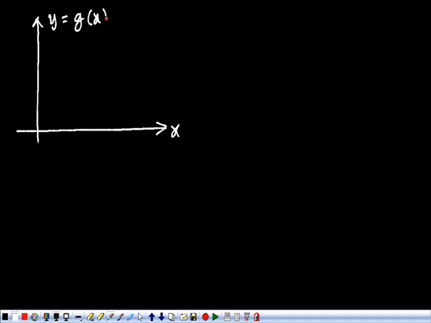Now we consider another case in which two random variables are related by a relation which is monotonic but decreasing. Sorry, it is monotonic but decreasing. It is monotonically decreasing.